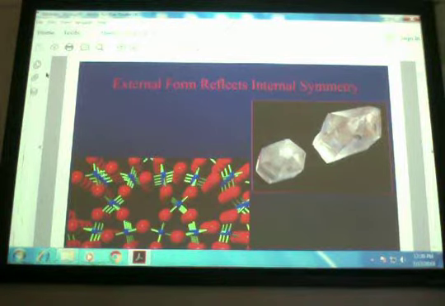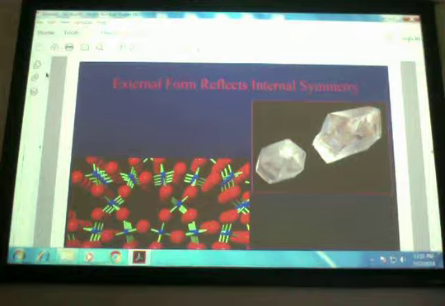That is how a cubic mineral looks. Another mineral which is also cubic is, for example, diamond. Here we have only a small one, because diamonds are very expensive.